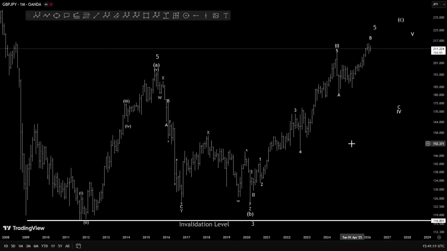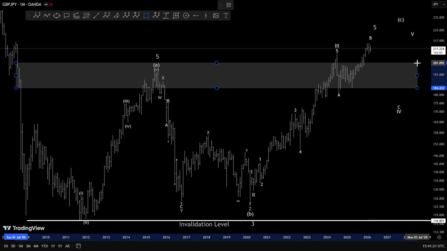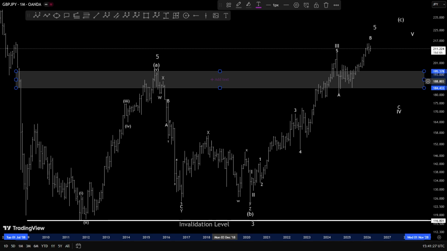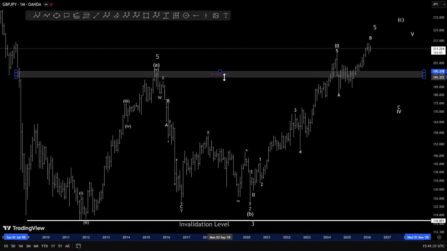So now we check at this height. We have a strong resistance that was broken into support around this range.